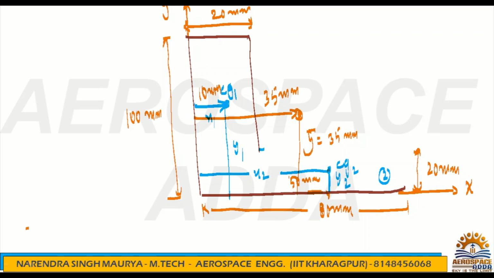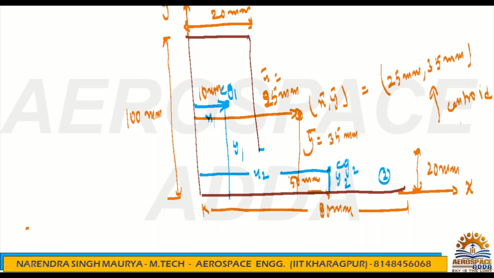This is 25. So this location is x bar and y bar, which is 25 mm, 35 mm. This is the centroid. Done.